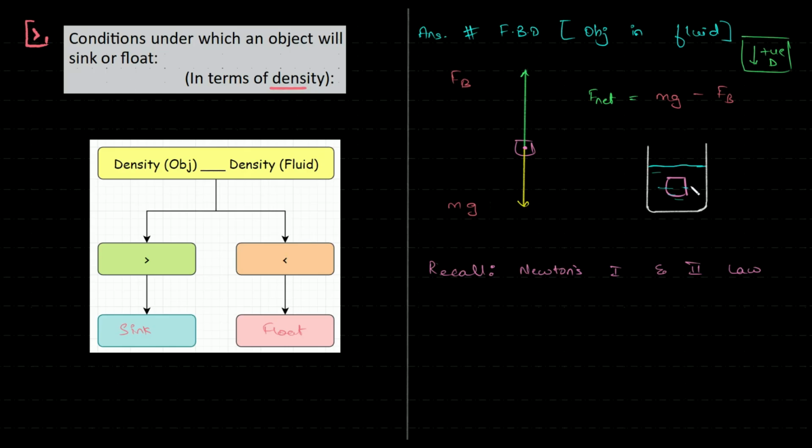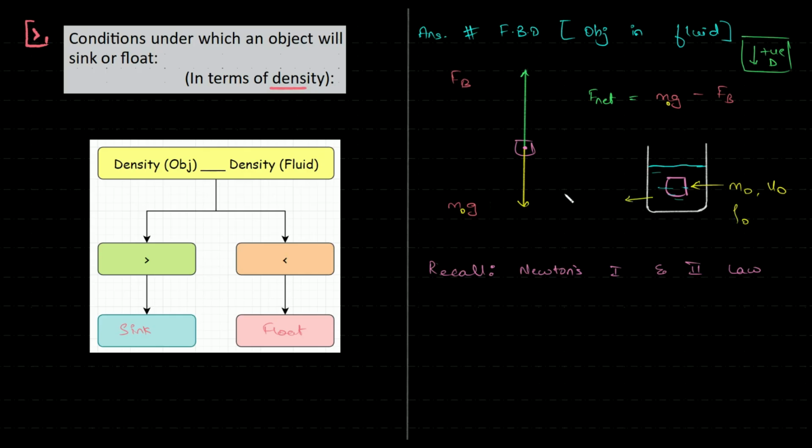Now, I have an object whose mass is Mo, volume is Vo and density is rho o. So your net force will be Mo g minus Fb. I just added a subscript o to indicate that this is the object.